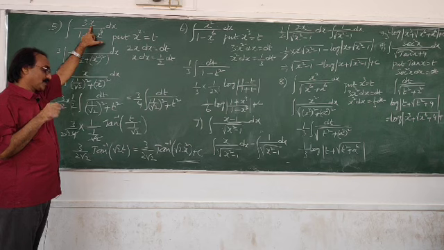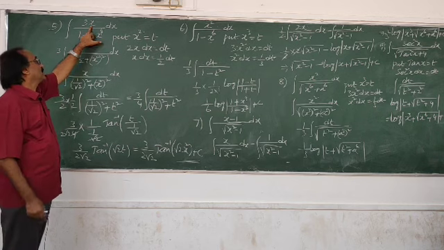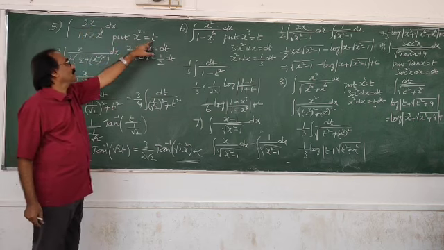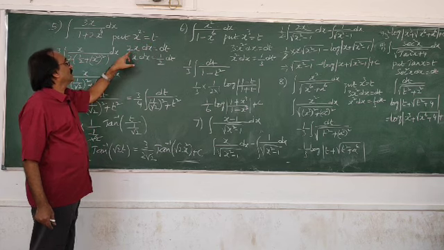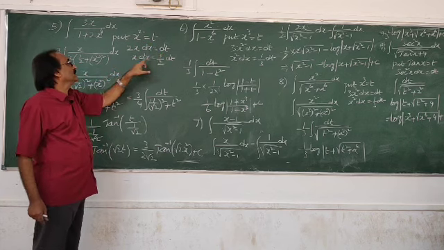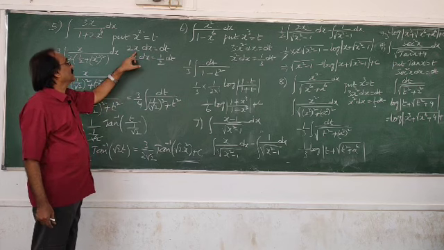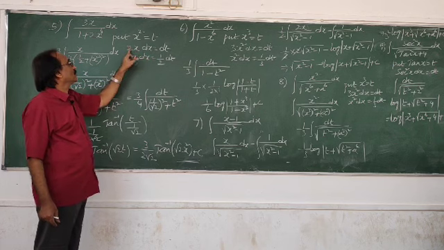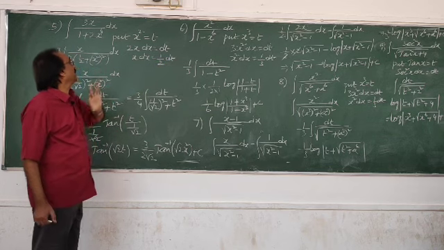The antiderivative of x is x square, therefore put x square equal to t, then 2x dx is equal to dt. We want only x dx, so x dx is equal to 1 by 2 dt.